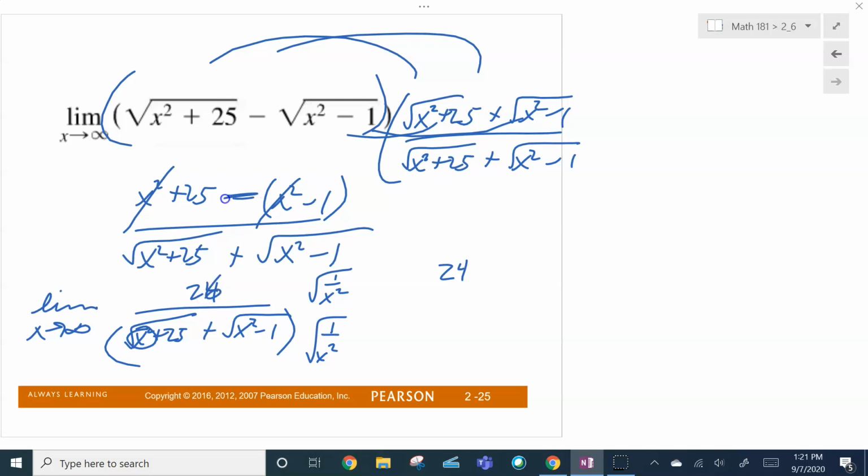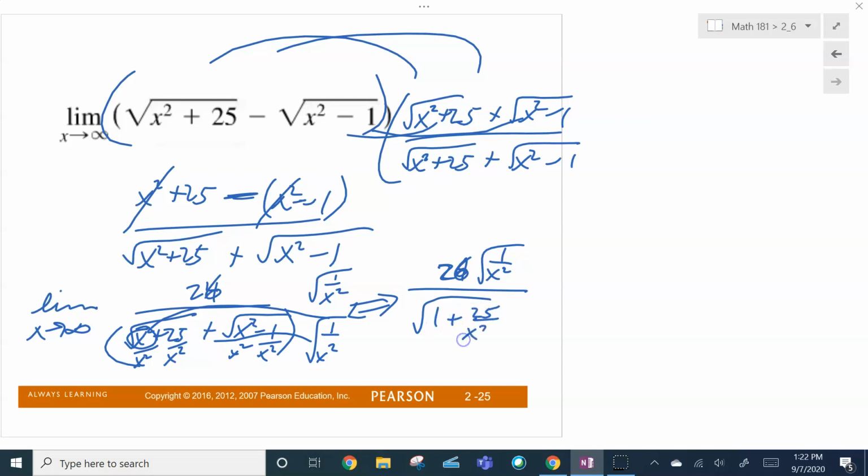Good grief. 25 minus 1, that's 24, no, that's 26. My apologies on that. 26. And then we've got down here, this is going into these, right, because they're square roots. So in other words, that's going to be under the radical, right, like this, underneath the radical there. So I got 1 plus 25 over x squared minus, this will be a 1 right there, minus.